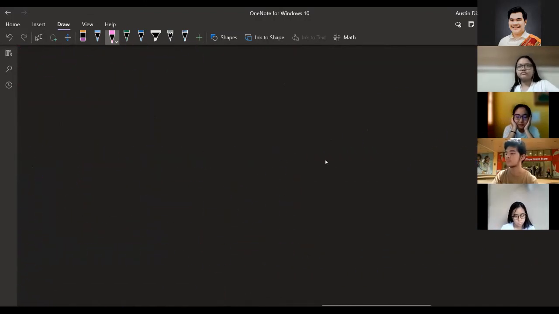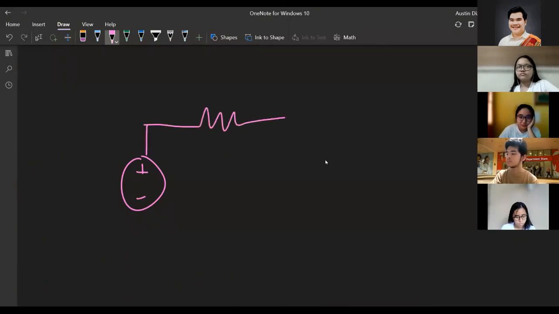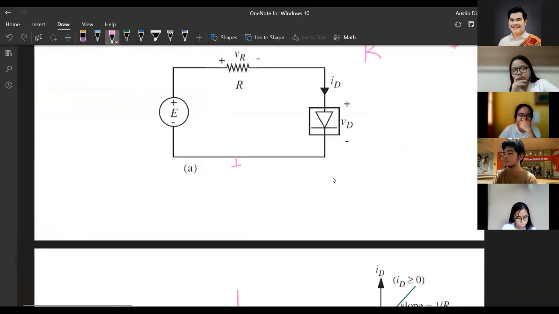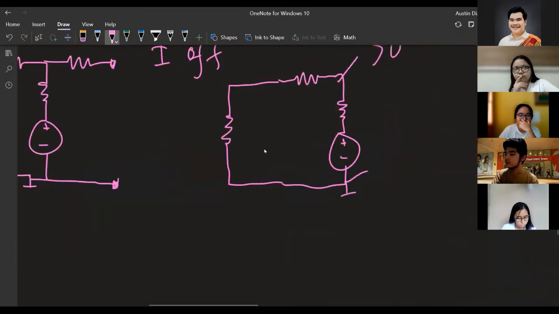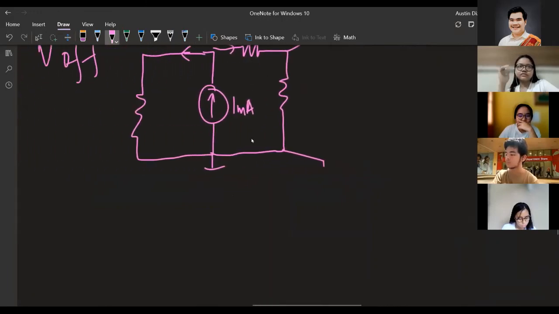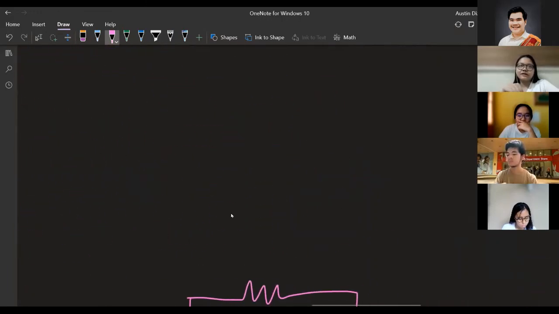I have my Thevenin resistance like this. Nakakabit dito yung weird ko na resistor. Ganyan siya. Ito yun. Ay, nawala yung dinrawing ko. Joke lang. Ayan.